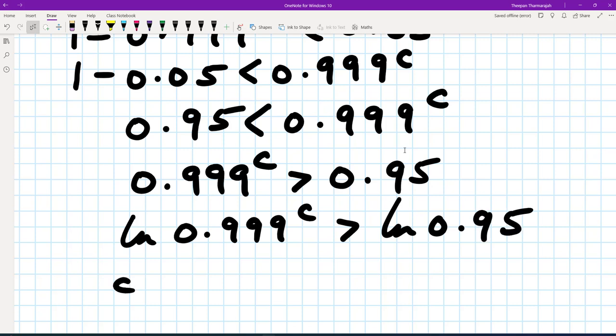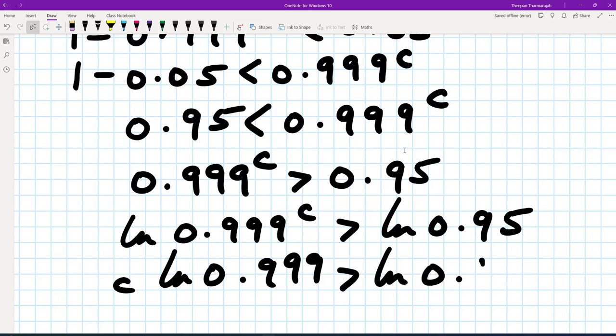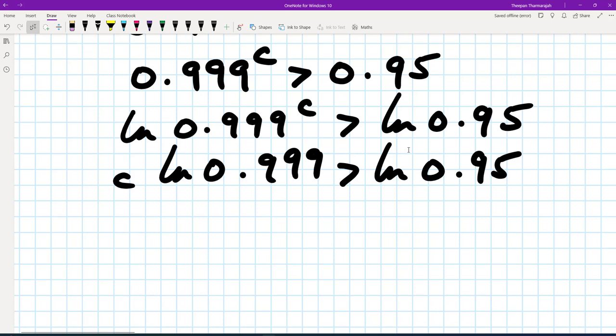Bring the c down with the laws of logs. ln 0.999 is a negative number, so the inequality sign is going to change.